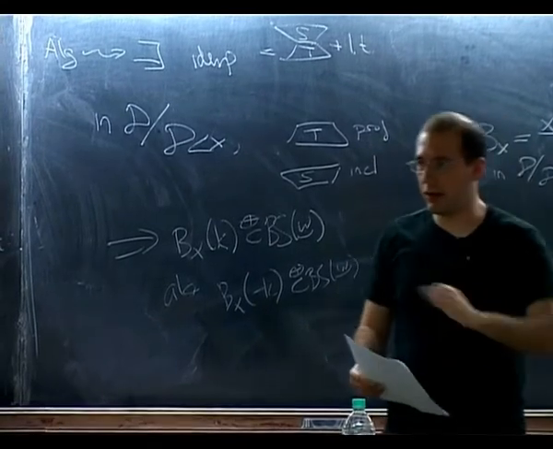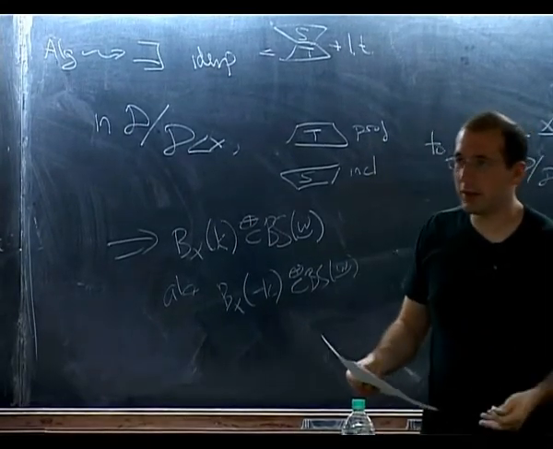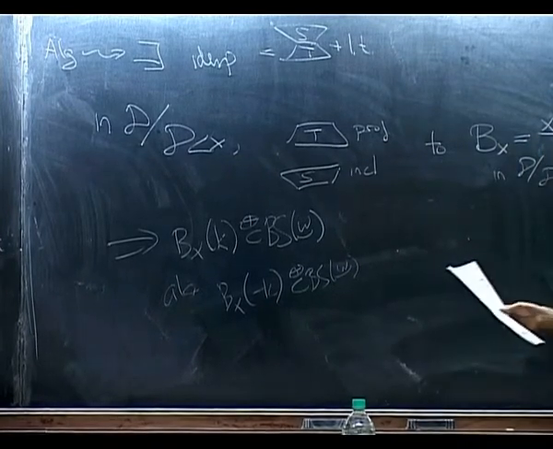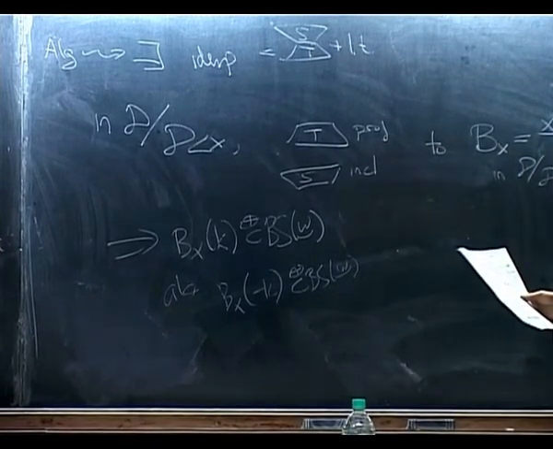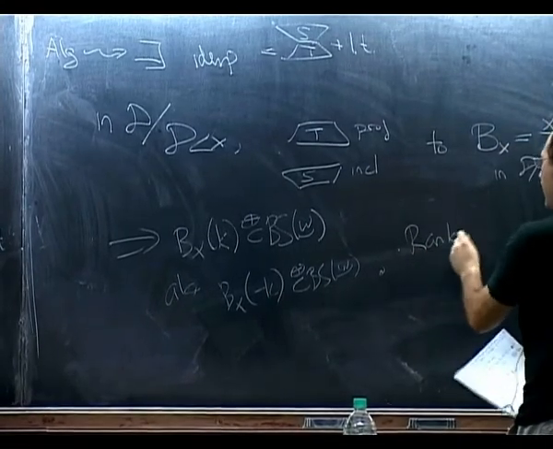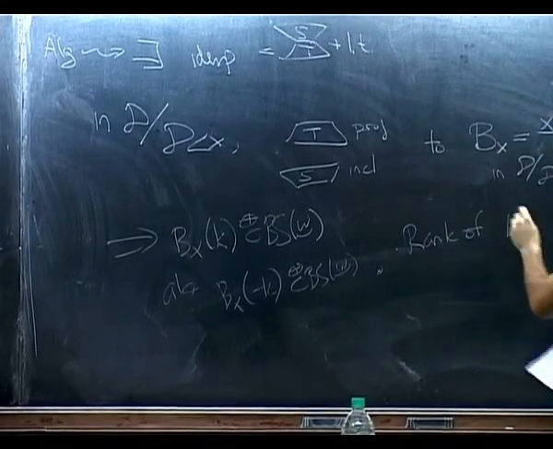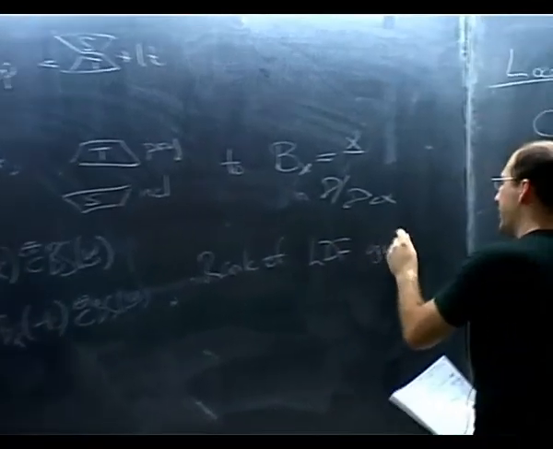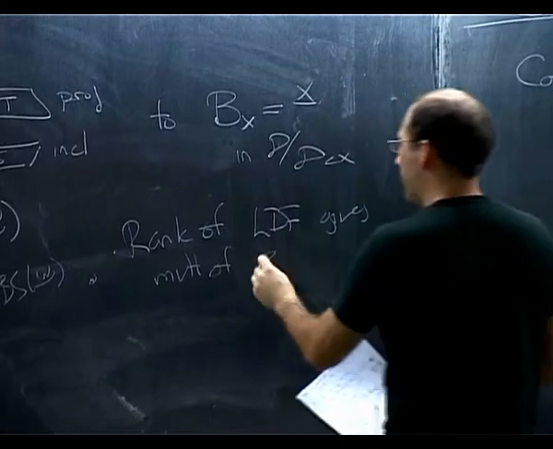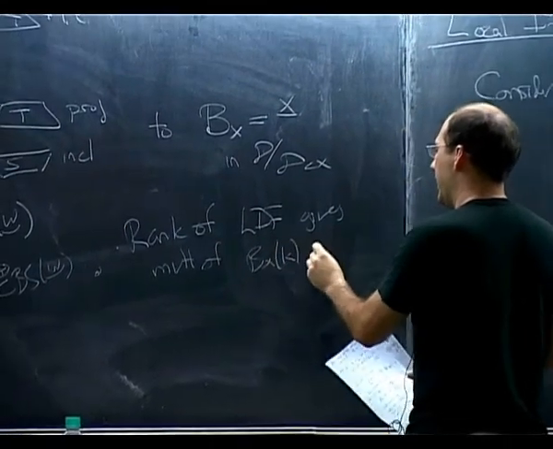When K is 0, you don't want to include it twice. It only shows up once. When K is non-zero, both of these things show up. Okay? And in particular, the rank of the local intersection form gives the multiplicity of Bxk as a summand.